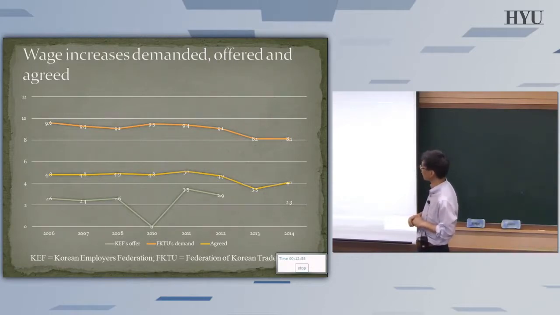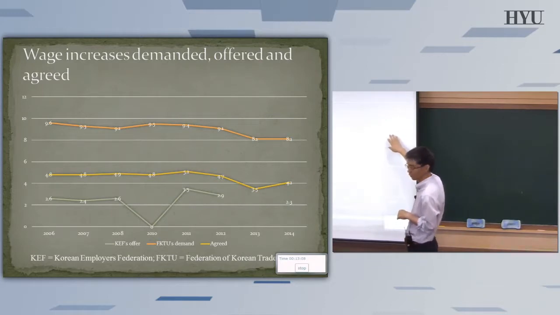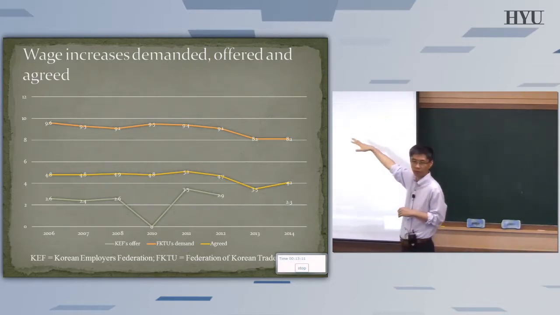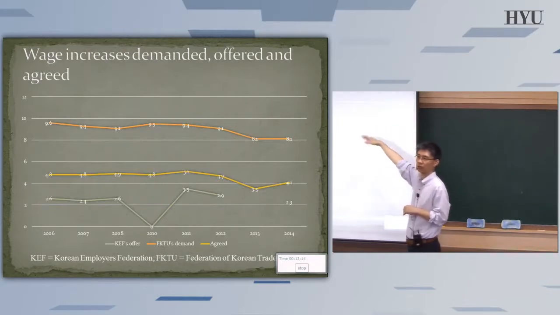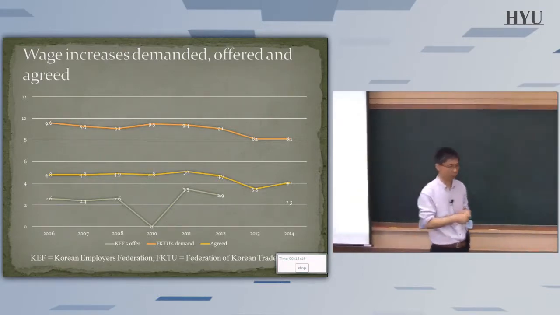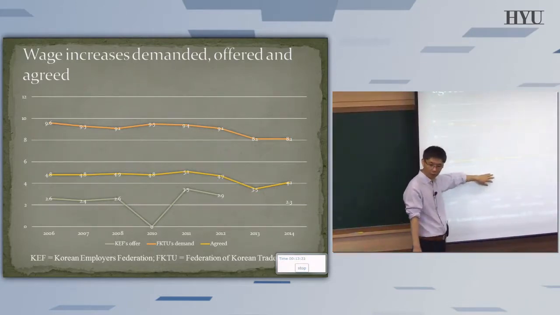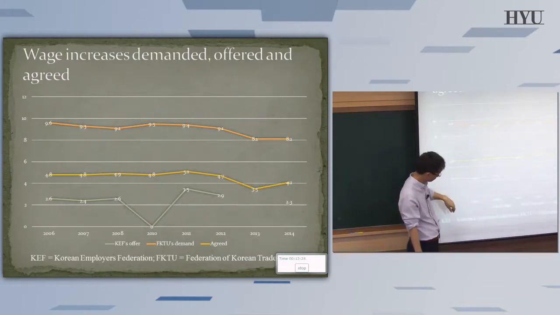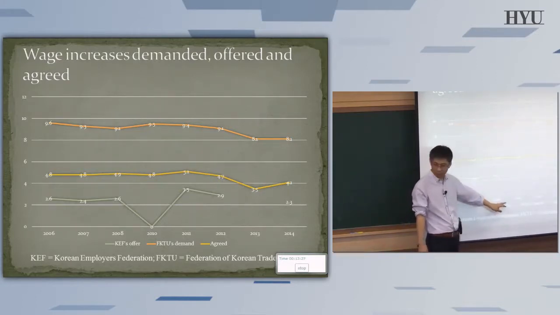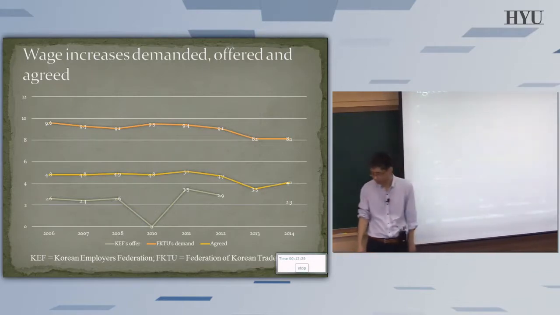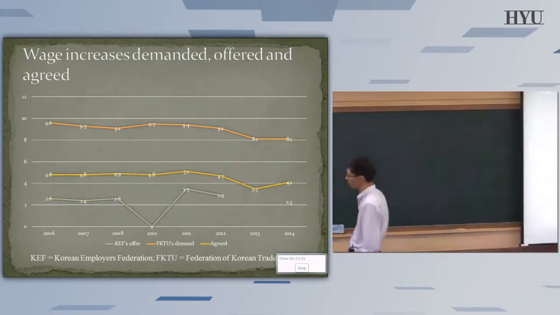It's between 8 to 10% every year. In 2006 they demanded 9.6, in 2011 9.4, and in 2014 an 8.1% increase. That's what they want. The bottom curve shows the Korean Employers Federation.